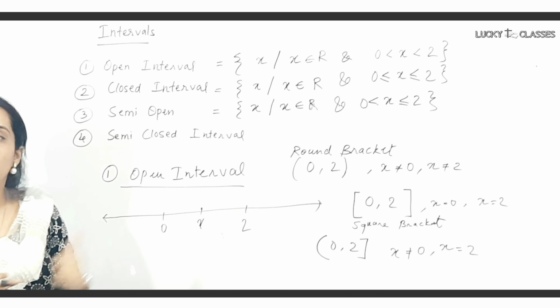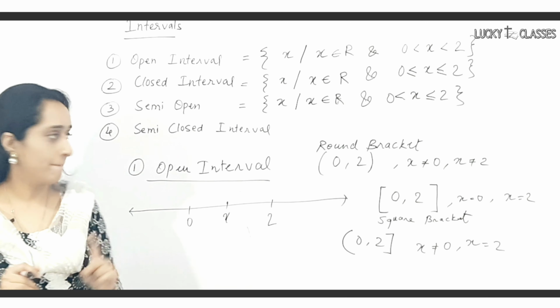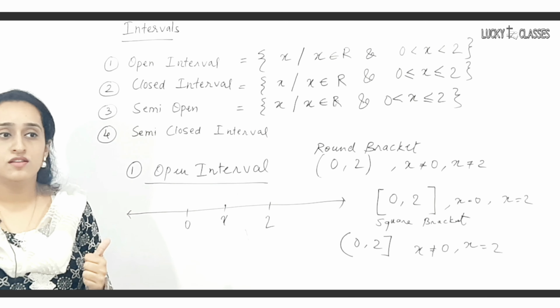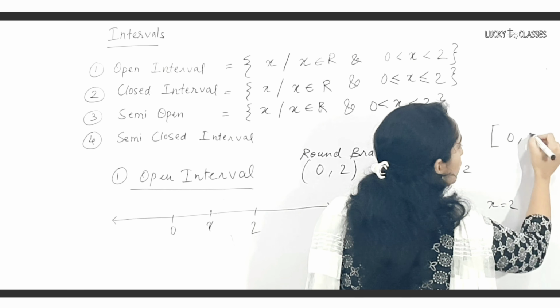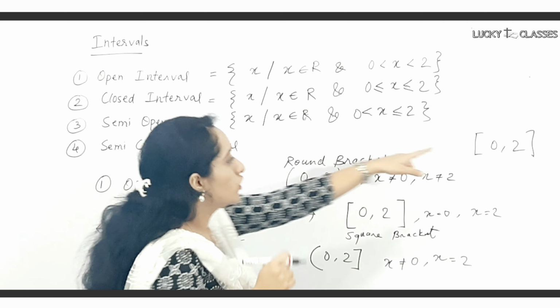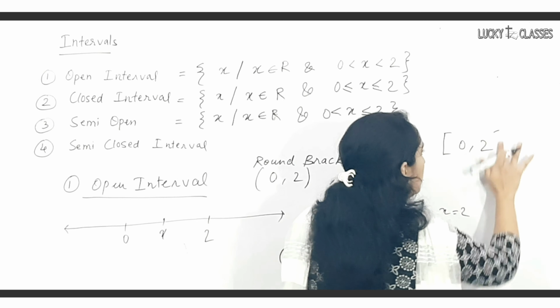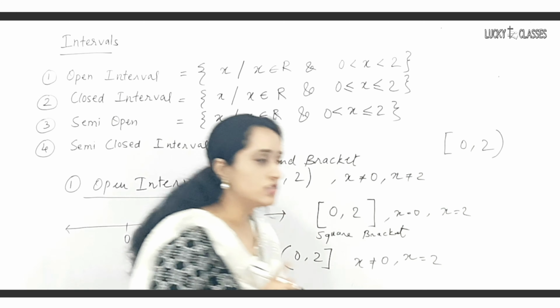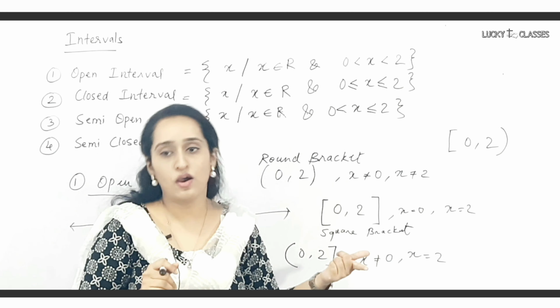Okay, what about semi-closed? How should it look like? Starting square bracket. Perfect. So I'll write it as square 0, 2. Okay, over here, acha, it is semi-closed. So should close bracket come here? Yes? No. Since it is semi-closed, it will start with a square bracket, but it will end with round bracket.